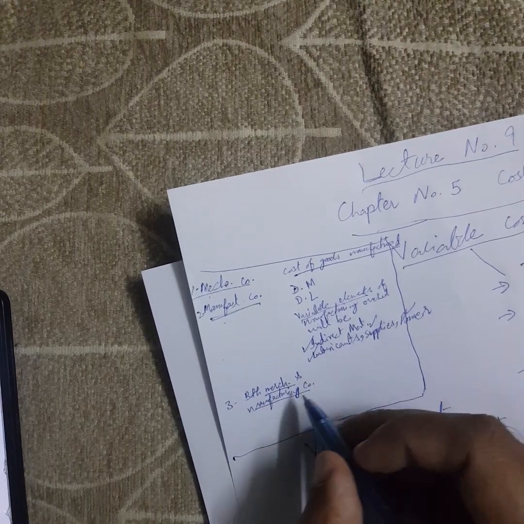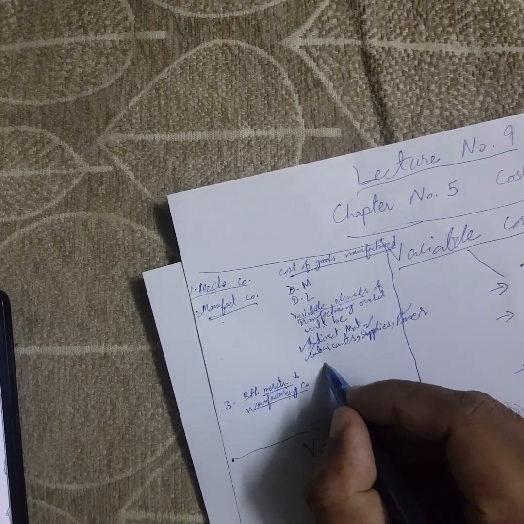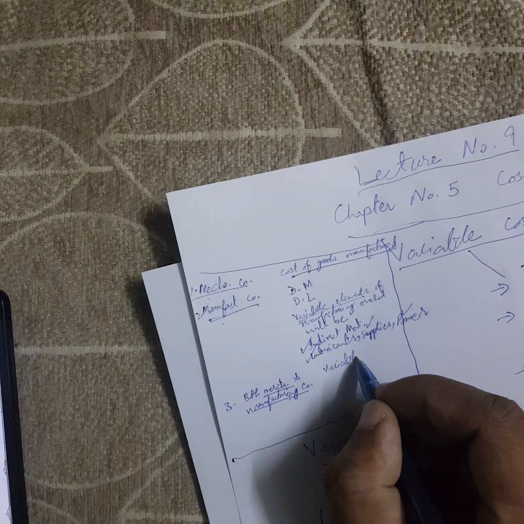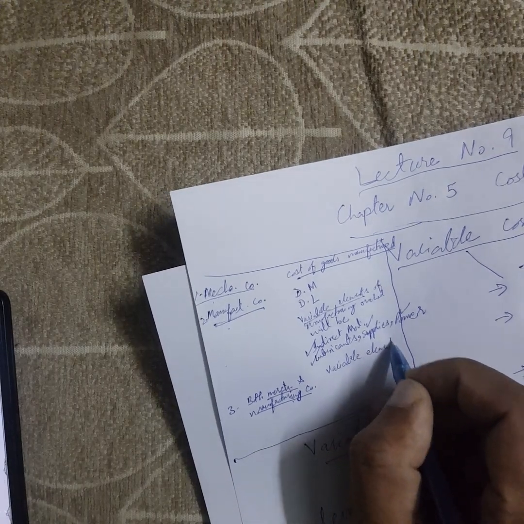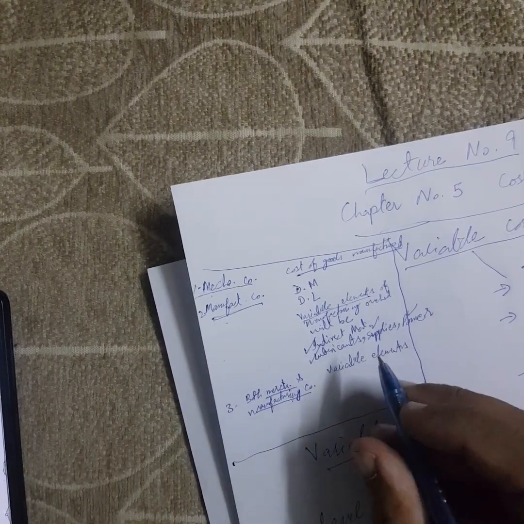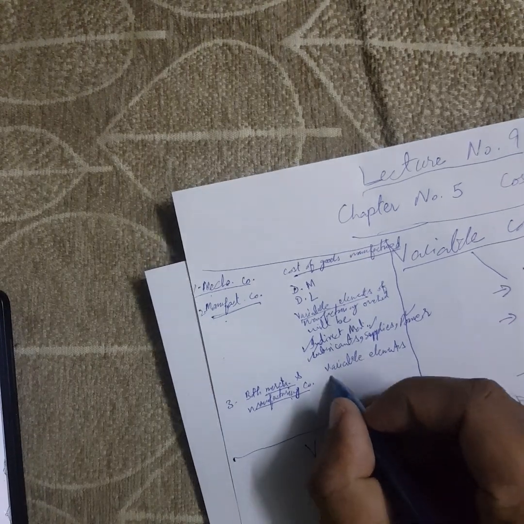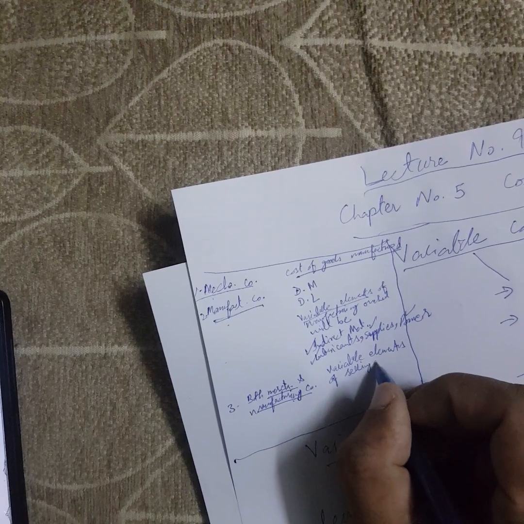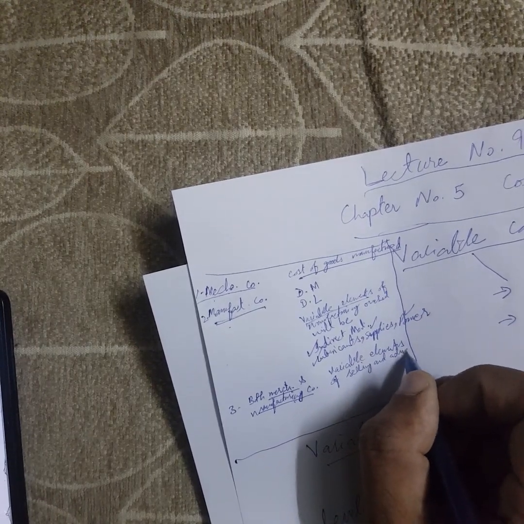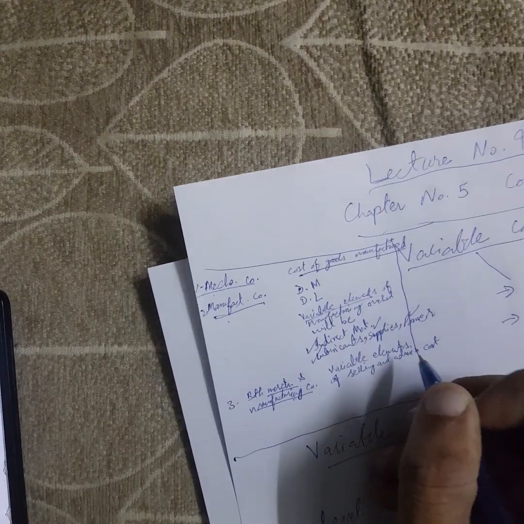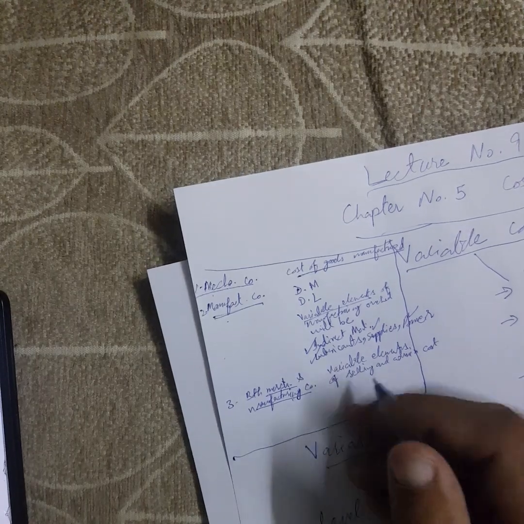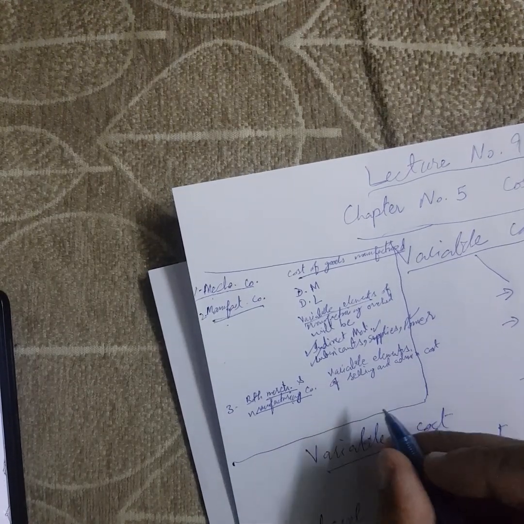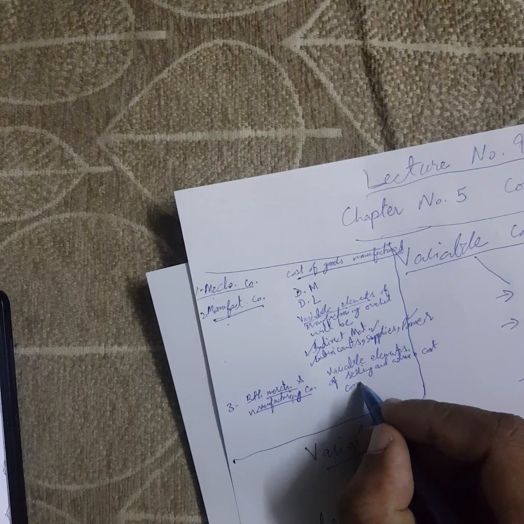In that type of organization, the variable elements of selling and admin costs will be commissions.